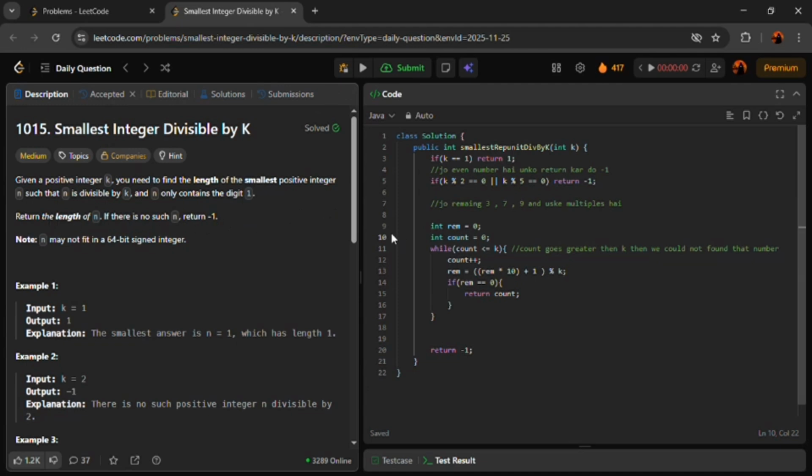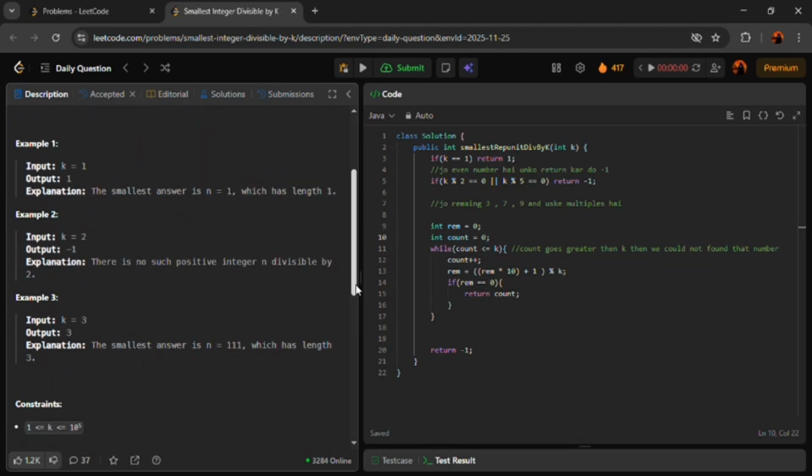If we can't find that number, then we have to return -1. Let's move on to the examples. If k equals 1, we have to find the smallest number that contains only the digit 1, that is 1, which has length 1, and we have to return the length of the number.